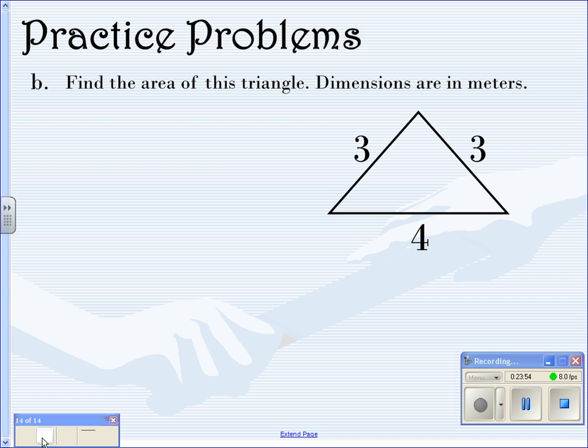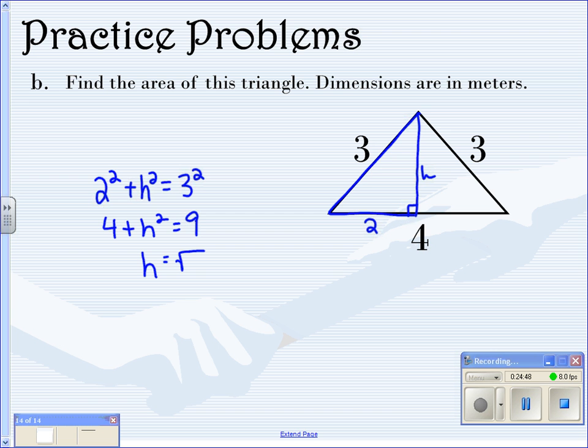All right. Last one. See if you can find the area of this triangle. Any questions on finding the height?